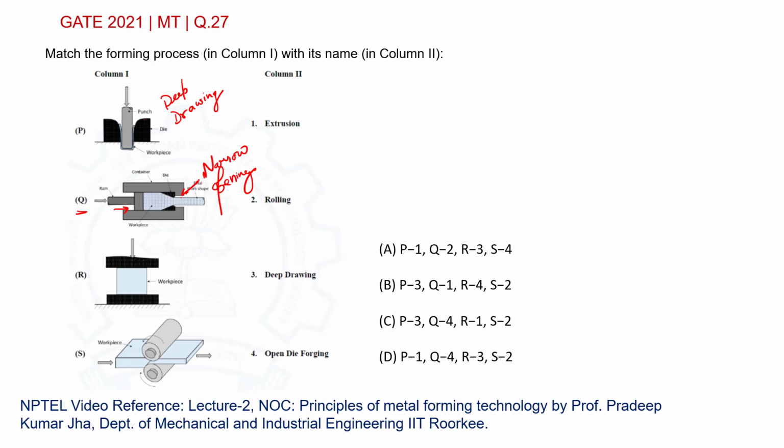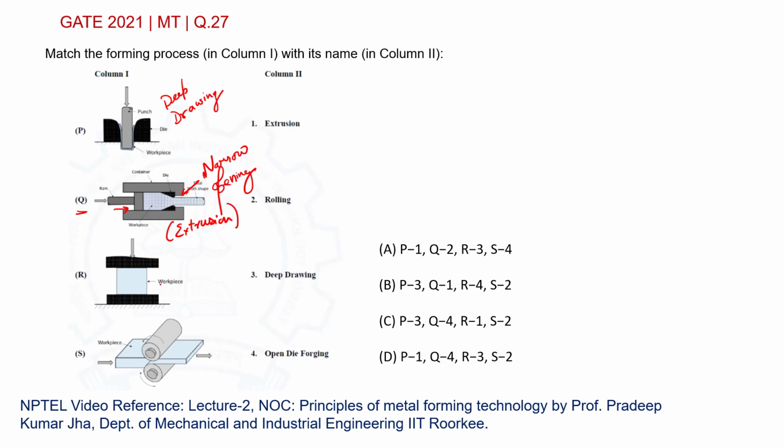And in real life, you must be using toothpaste on a daily basis. When you squeeze out the toothpaste through a narrow opening, it is generally an extrusion process. So we are basically using compressive stresses to squeeze out the metal through a narrow opening. This is known as extrusion process.